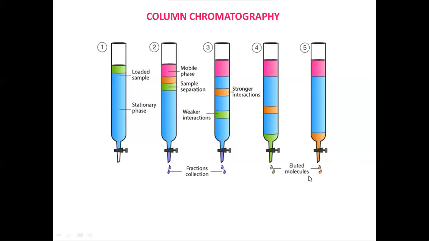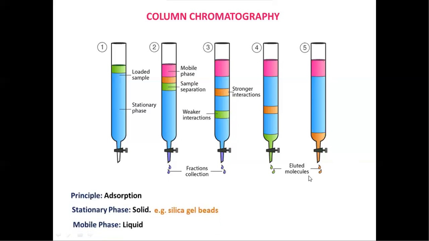So this is about column chromatography. Here the stationary phase is solid and the mobile phase is liquid. Usually we are using silica gel beads in the column as a stationary phase. And the mobile phase is liquid. Usually we are taking organic solvents as mobile phase.